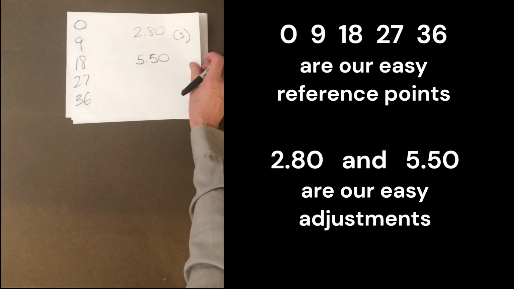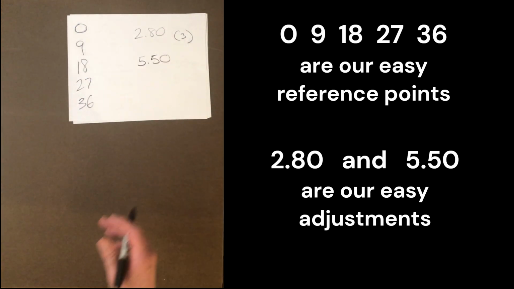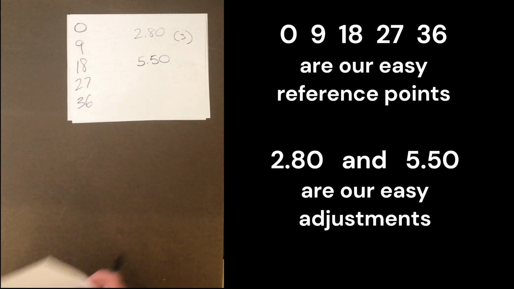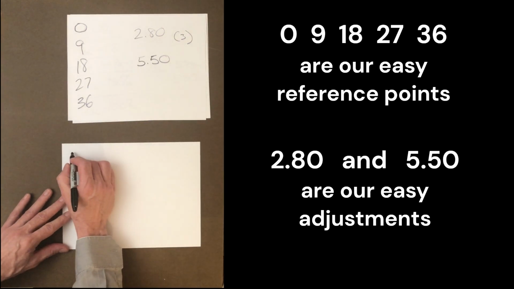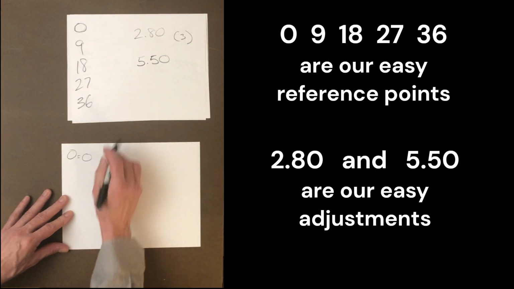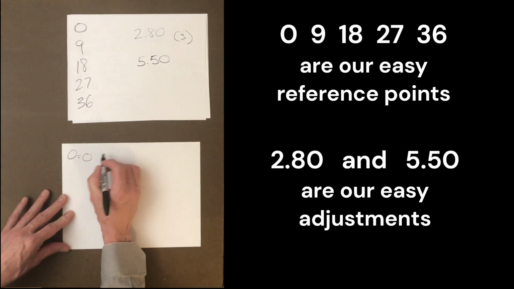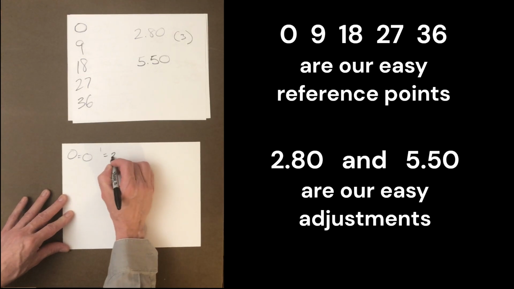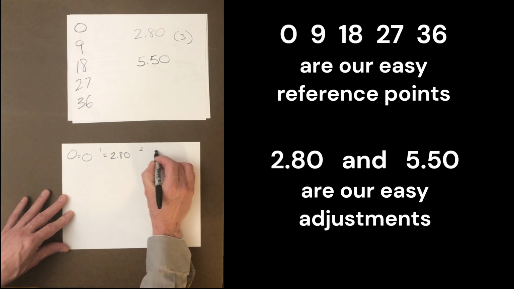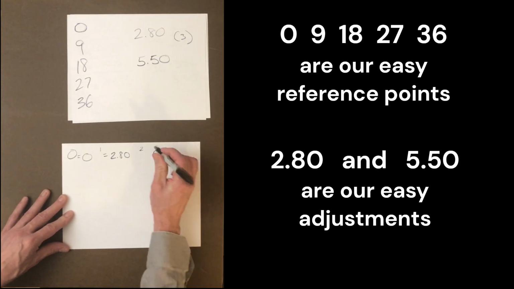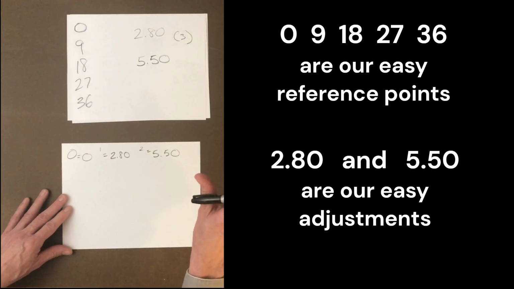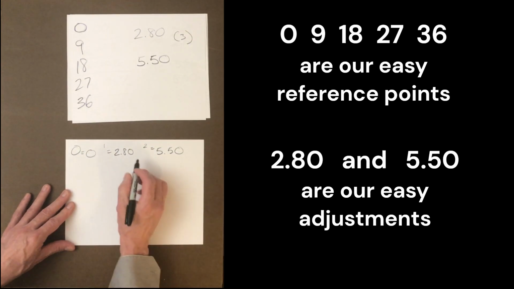We're going to use these two numbers with our known numbers that are super easy. So if 0 equals 0, 1, we're just adding 2.8. So 1 is 2.80. 2 is 5.50. But don't think of it as that. We just added 5.5. And this is how we can use that.